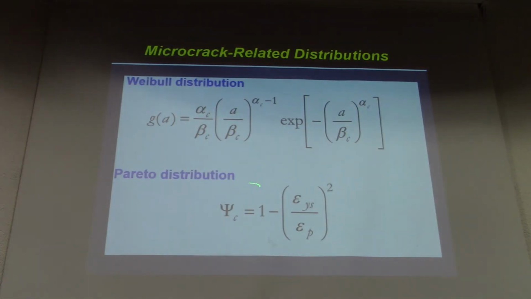Okay. And for the microcrack distributions, then we are assuming a Weibull distribution for the microcrack size, and also a Pareto type distribution to describe the function psi sub c. We have tried other distributions, and the other distributions also work reasonably well.